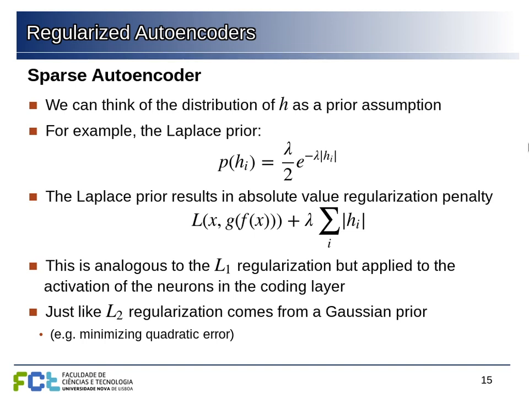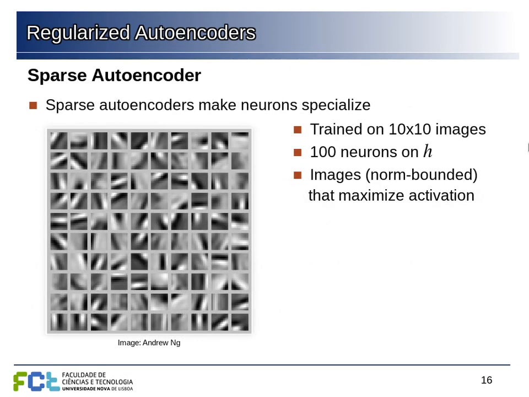But note that we are not applying this regularization to the parameters, as we typically do with L1 and L2, but to the activations of the neurons. So it's not the weights themselves that we want to shrink, it's the activations of the neurons that we want to reduce.